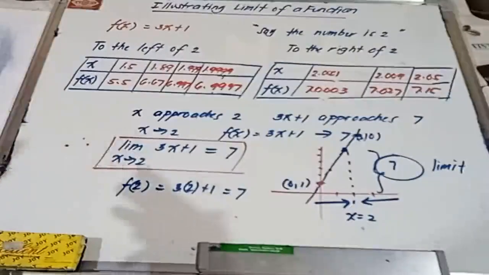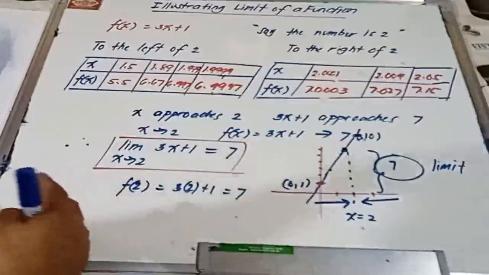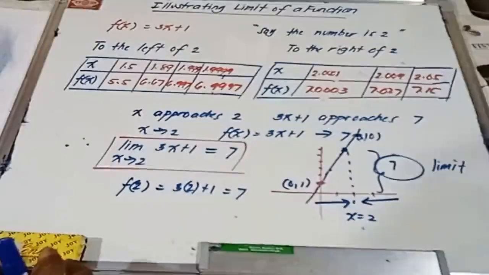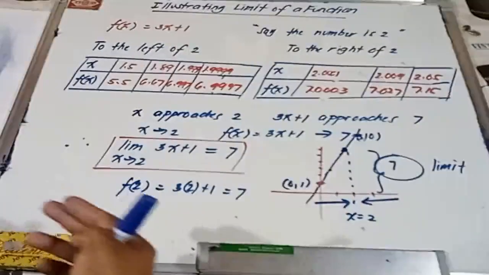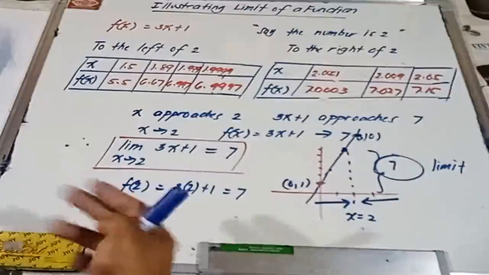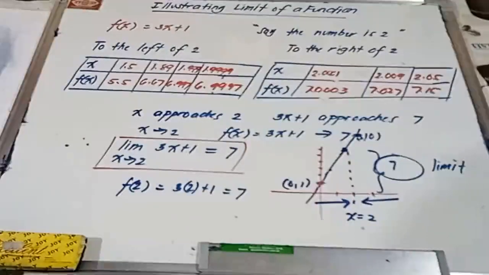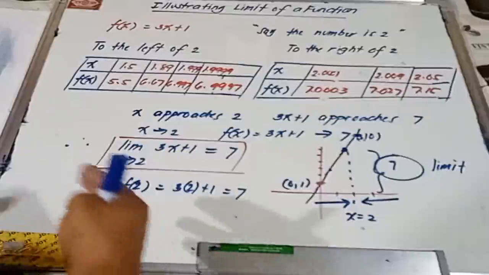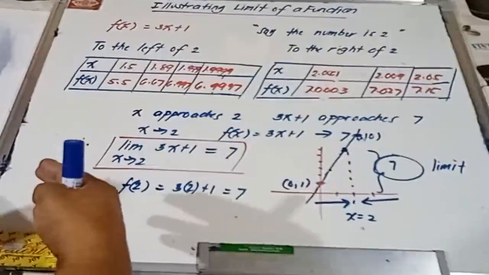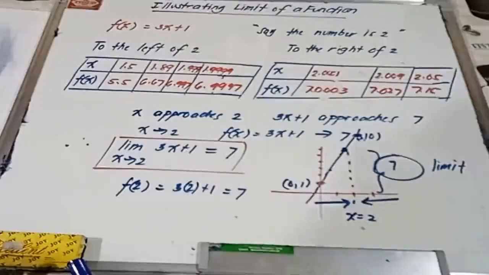Pag malayo ka, ibig sabihin, hindi masyadong malinaw yung boxing match. Pero pag malapit ka, mas nagiging clear ang view mo dun sa boxing match. Pag malapit ka na sa ring, mas kitang-kita mo yung boxing fight.